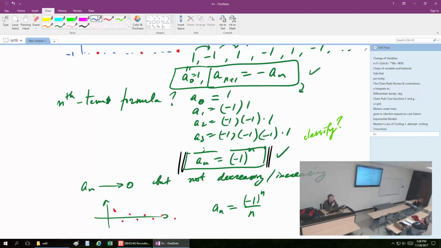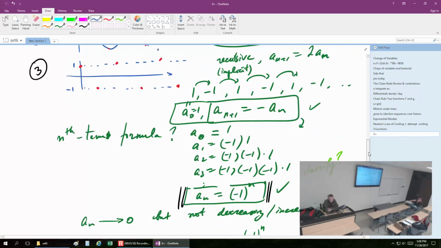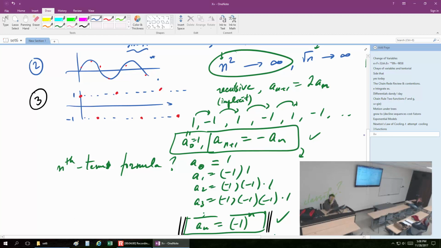So what kind of sequence is this? Well, that's what we started with: a bounded sequence that does not converge.